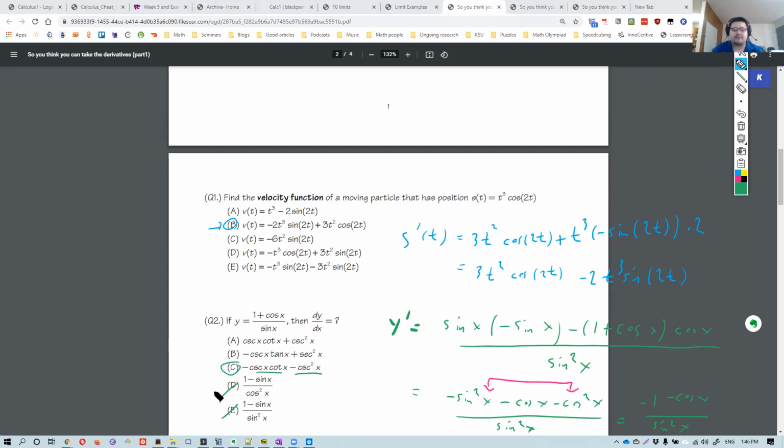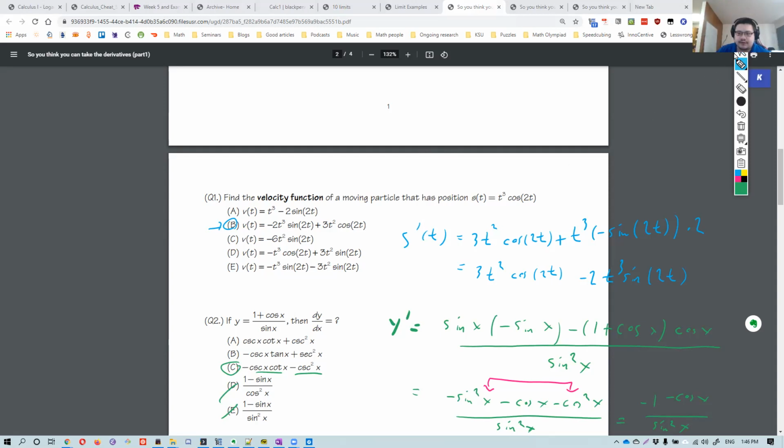So I'm able to verify that the answer should be C for this problem. Any questions? Did you guys follow that calculation? Yeah, I followed it. Good, good.